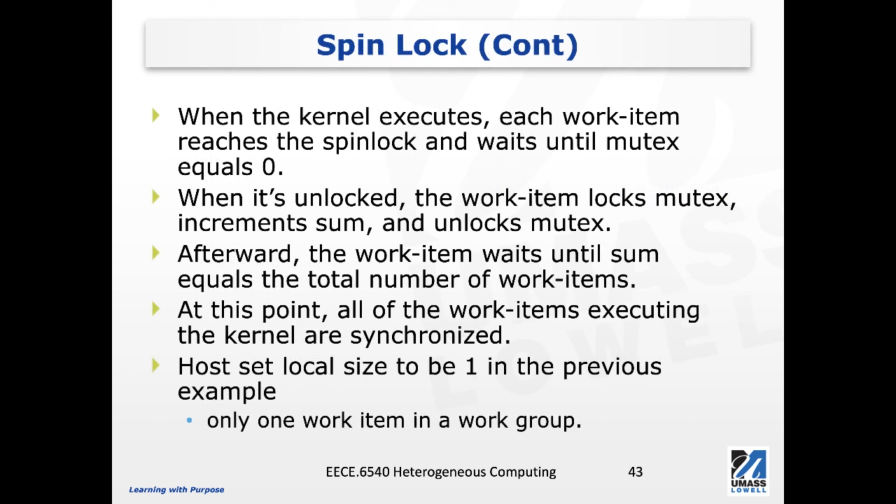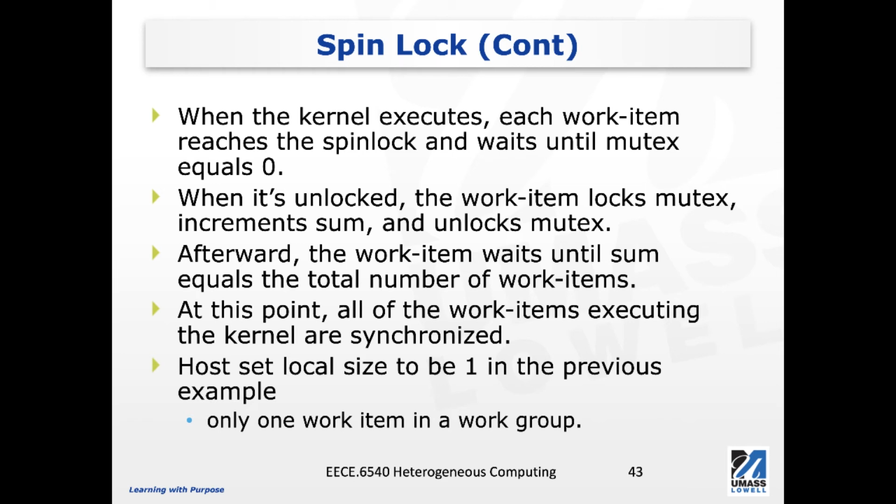So in the previous example, when the kernel executes, each work item will reach the SpinLock and wait until mutex turns to 0. When it is unlocked, the work item will lock the mutex, then increment the sum, and unlock the mutex.